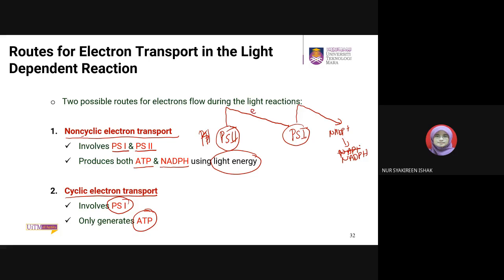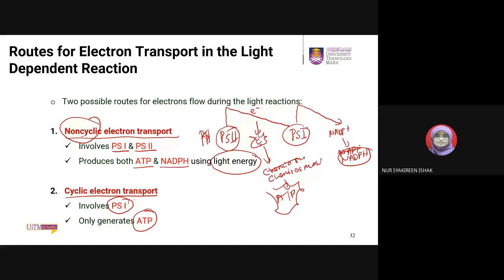Semasa electron travel daripada PS2 ke PS1, energy akan released and used during chemiosmosis to produce ATP. So that's why kalau non-cyclic, maksudnya elektron tu dia tak balik semula. Dia terus diambil oleh NADPH dan juga elektron tu semasa dia travel along ETC, dia akan release energy untuk chemiosmosis berlaku untuk hasilkan ATP.